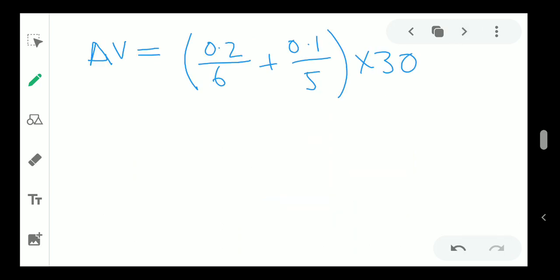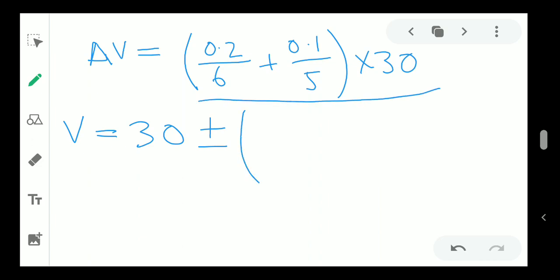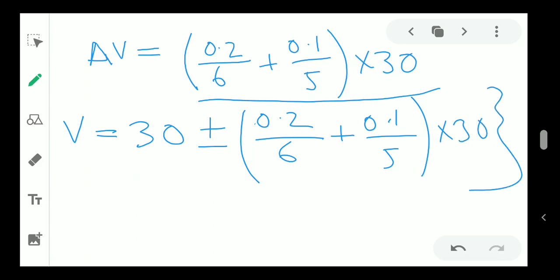So I have to use the mean value of I and the mean value of R. So what will be the final result? The final result will be 30 plus minus, I am not simplifying this whole expression, so I am writing the whole expression here: 0.2 by 6 plus 0.1 by 5, into 30.